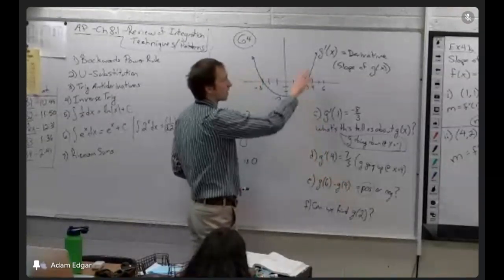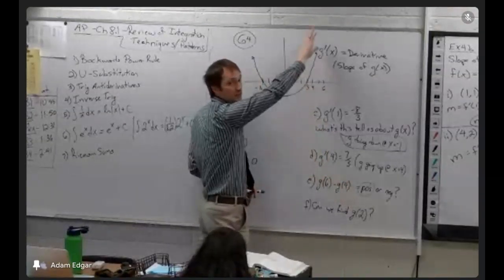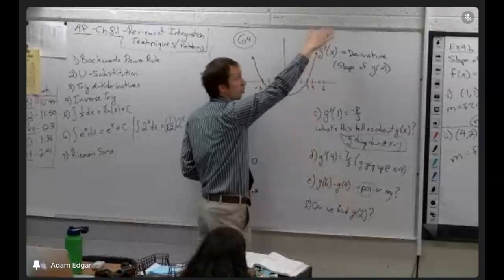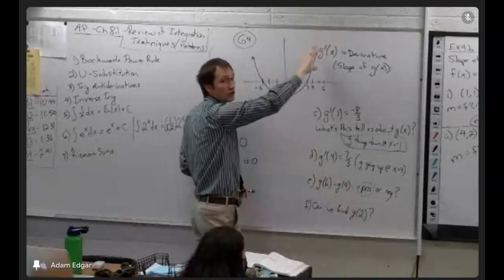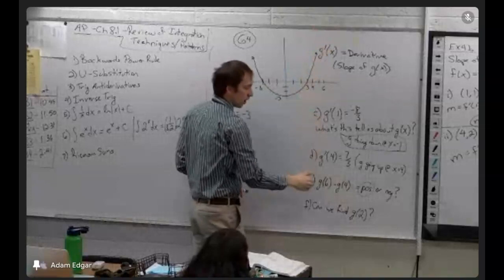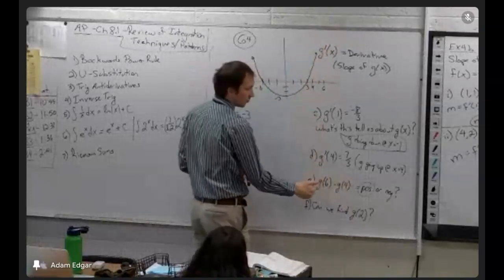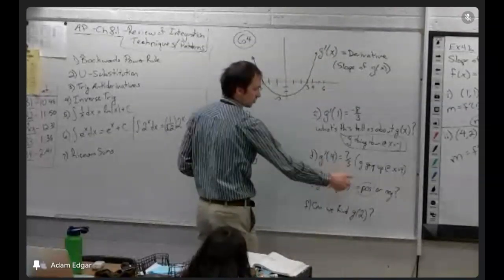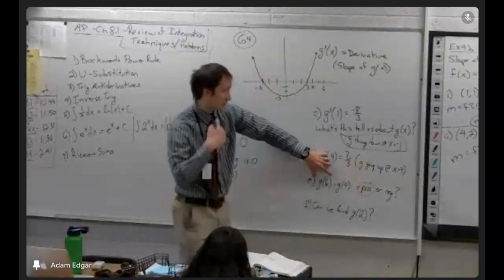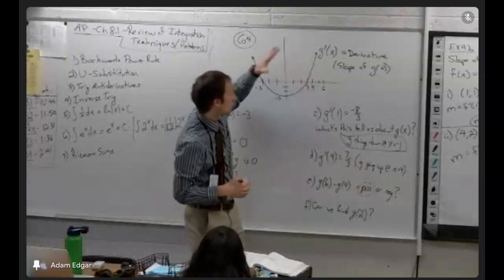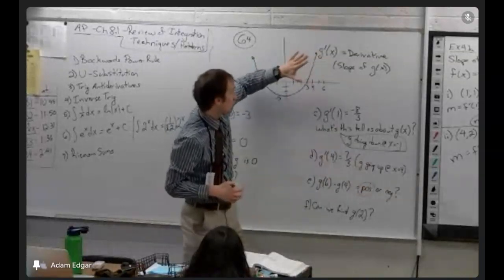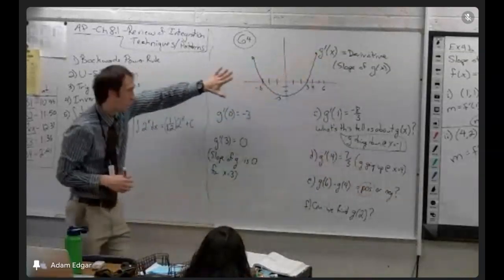If you know that G prime is positive over here and getting more positive, then you know that the G curve is increasing. So you know it's gone up from 4 to 6. So when you subtract them, G of 6 minus G of 4 is going to be positive because G of 6 has to be higher, since the G curve is going up because G prime is positive over there. All right.